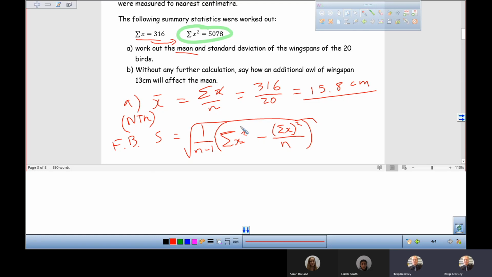So the 5078, we tend to lead off with a bigger number. If 20 is the sample size, take them out. 316 gets squared over 20. When you type that into your calculator, make sure you don't square the whole fraction. Make sure you square just the 316. So you can use the fraction button, and you can type 316 on the numerator and press the square before scrolling across.